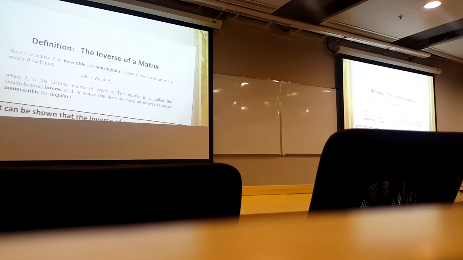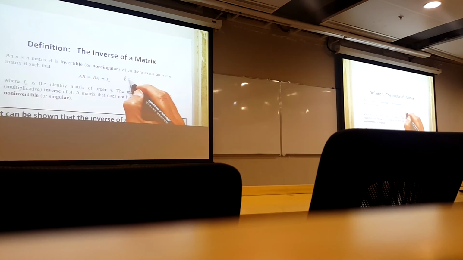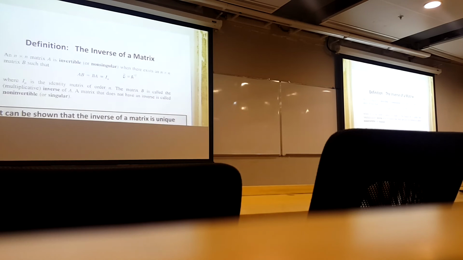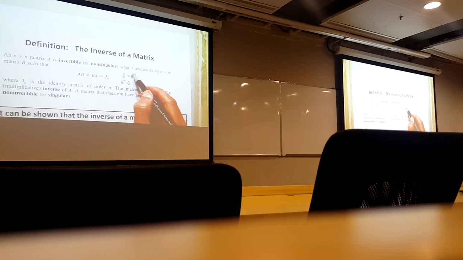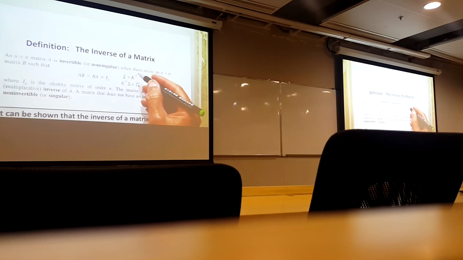It's not difficult to prove because B equals A inverse, then B's inverse times B equals identity, and this one is the same as this one, right? So we can write B's inverse.